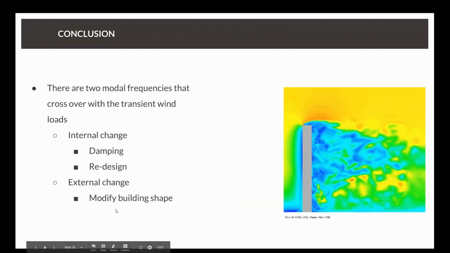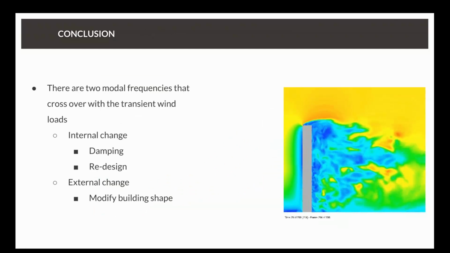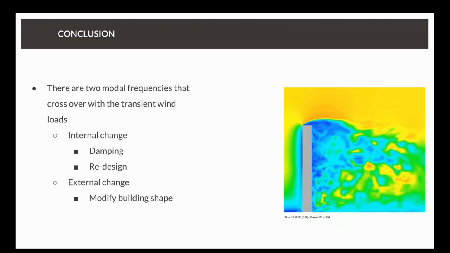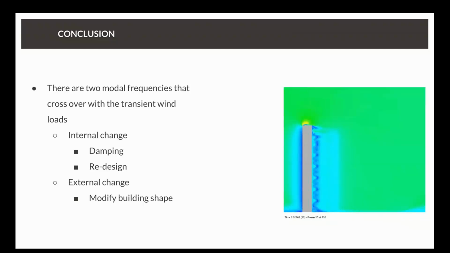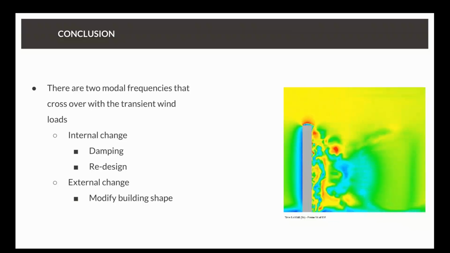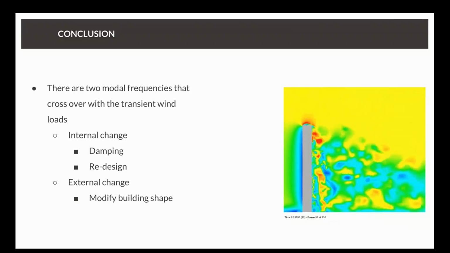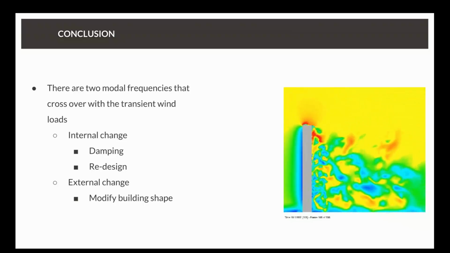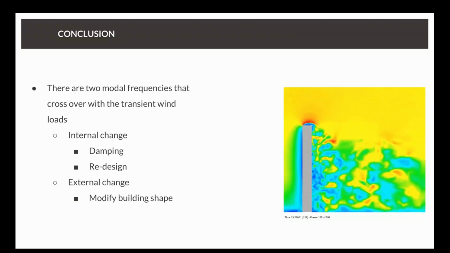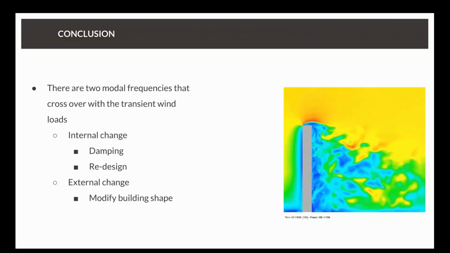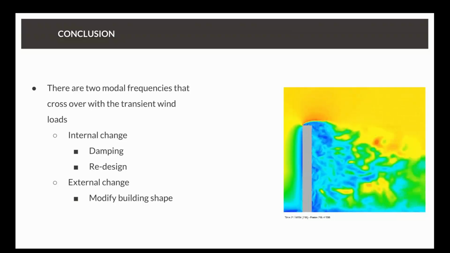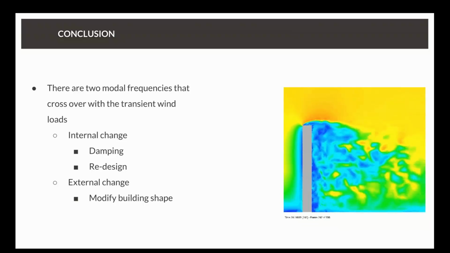So what we would do is dig in and understand how it moves in those modes, and then try to decide, okay, what can we do to combat that? The other thing we could do is make some changes externally. We could modify the shape of the building, to hopefully change the way the flow passes around it, and reduce the lateral forces and the heavy transient effects as the flow passes.